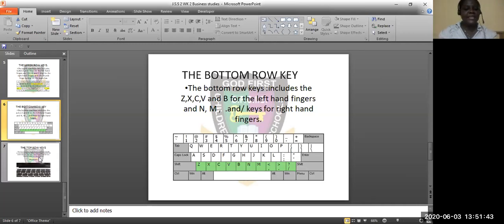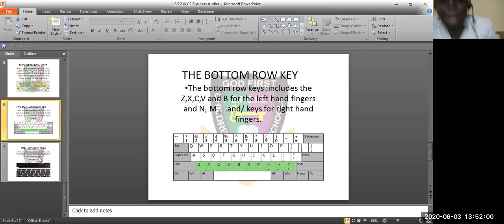The last but not the least is the top row keys, where you have numbers. You have the left fingers placed on numbers 1 to 5, and you have the right fingers placed on numbers 6, 7, 8, 9, and 0.